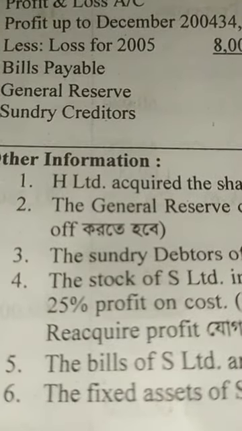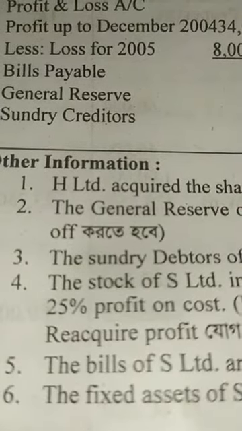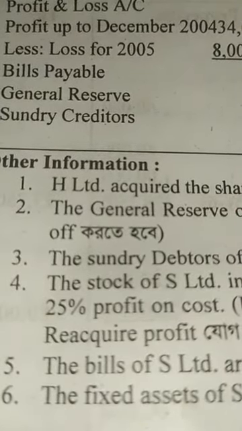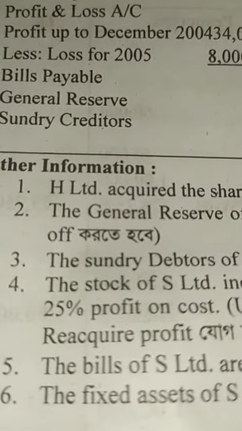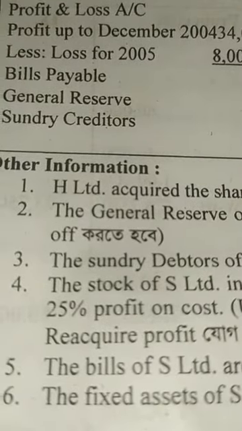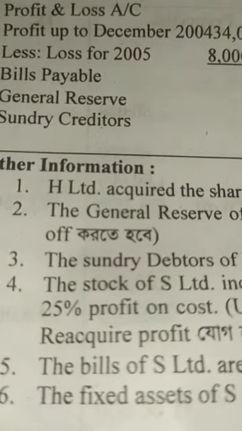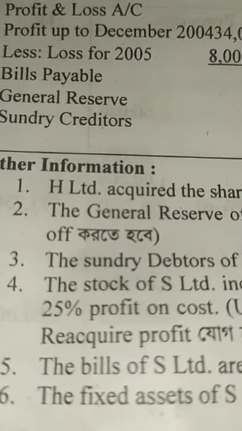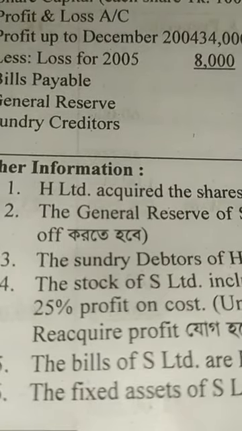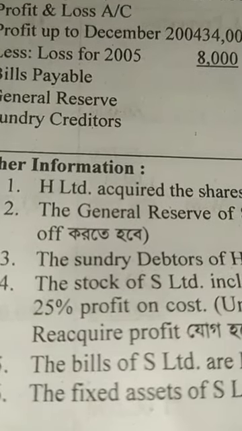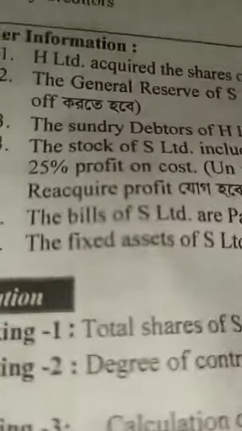So the profit portion, 4000 into 25 divided by 125, that means 800, will be unrealized profit, and unrealized profit will be deducted from the profit and loss account of H Limited.